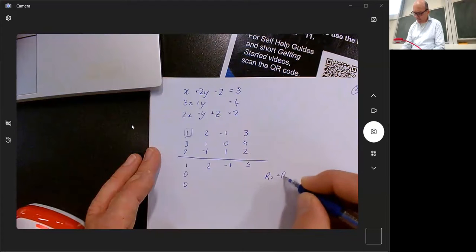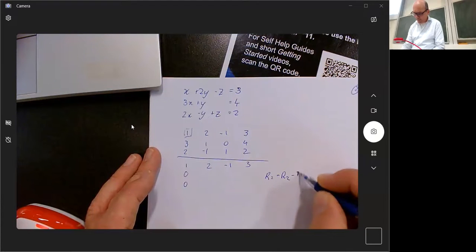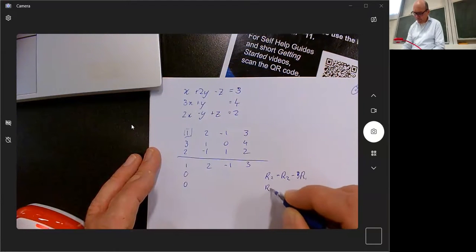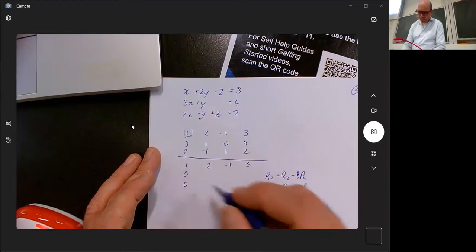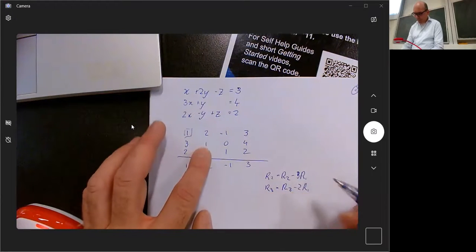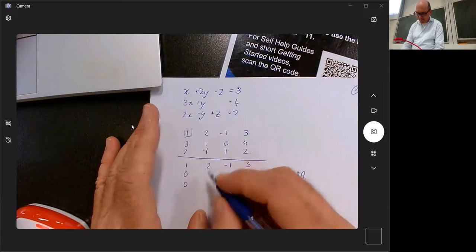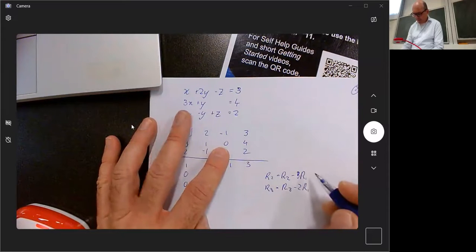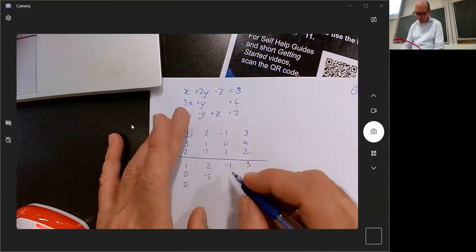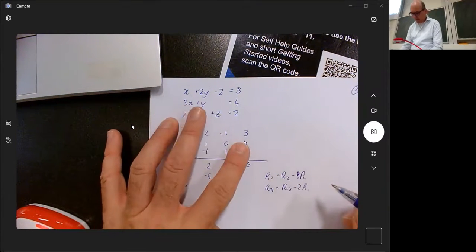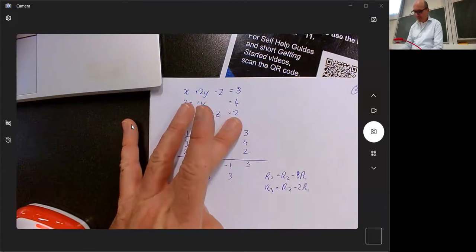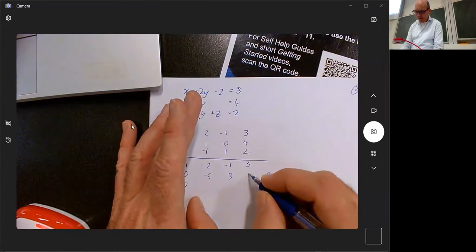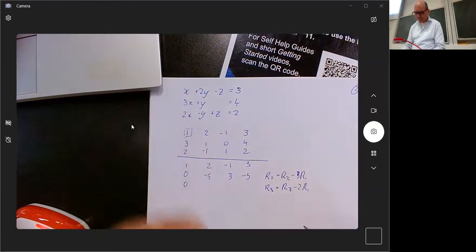Row 2 is equal to row 2 take 3 row 1. Row 3 is equal to row 3 take 2 row 1. And so 1 take 6 is going to get me minus 5. 0 take 3 lots of minus 1 is going to get me a 3. 4 take 9 is going to get me minus 5.